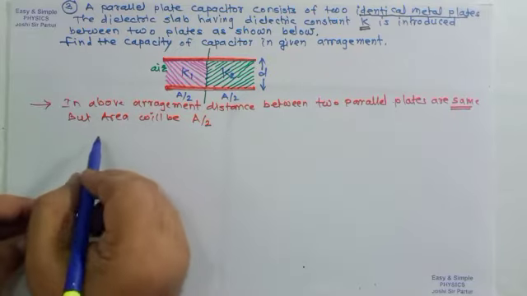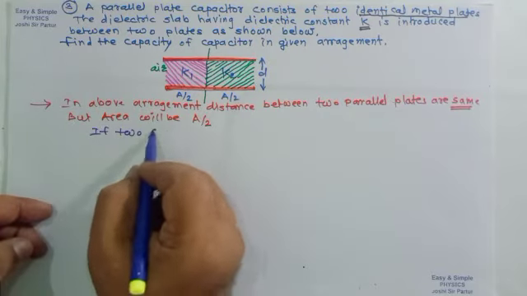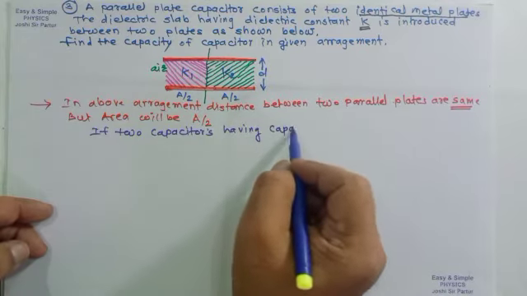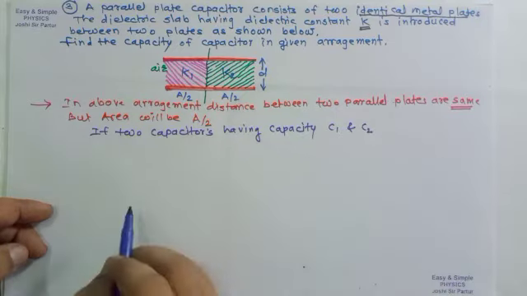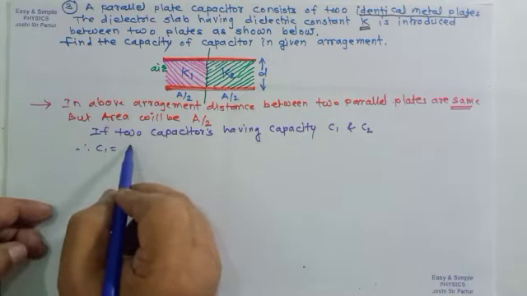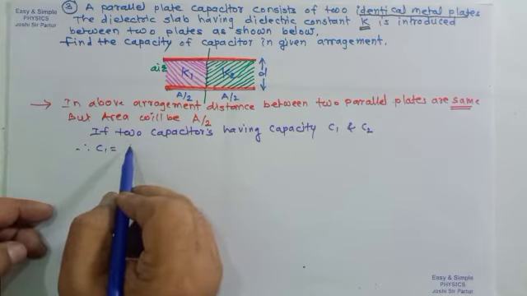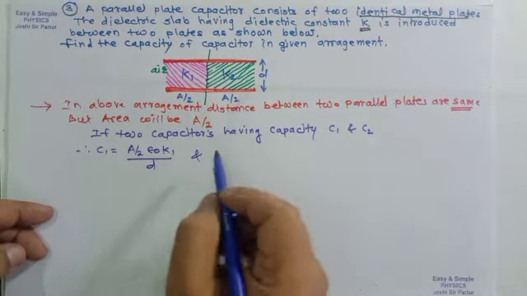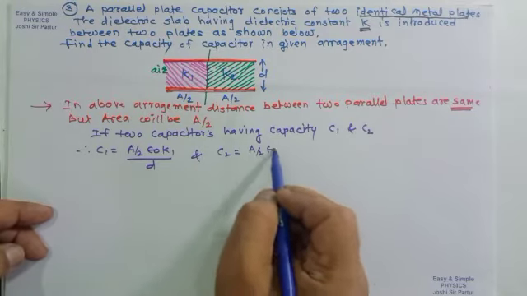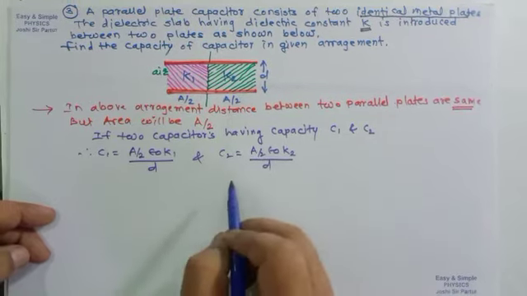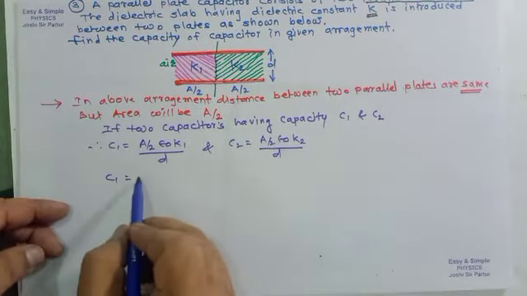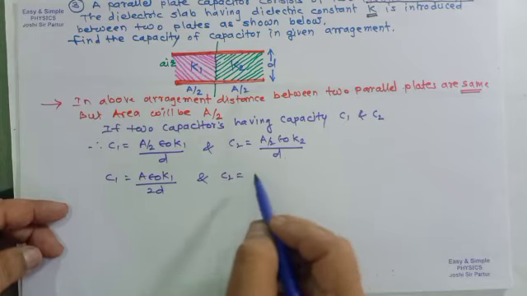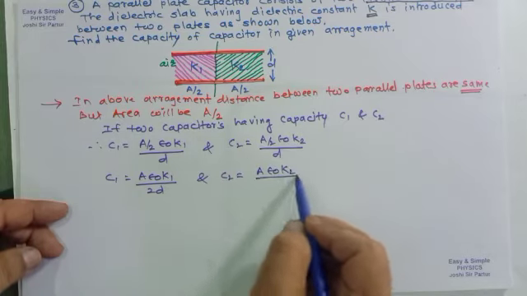In such an arrangement, if the two capacitors have capacity C1 and C2, then C1 equal to A upon 2 epsilon 0 K1 upon D, and C2 will be A upon 2 epsilon 0 K2 upon D. That is, C1 is equal to A epsilon 0 K1 upon 2 times D, and C2 is equal to A epsilon 0 K2 upon 2D.